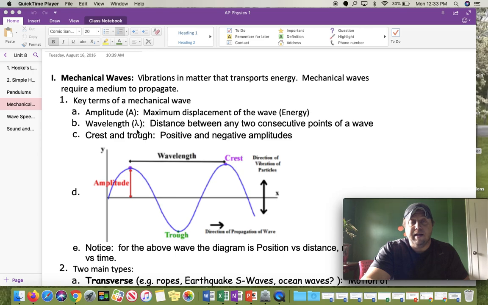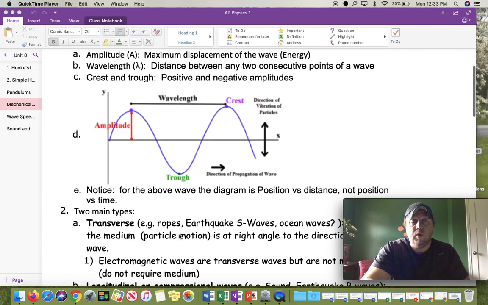I'll warn you ahead of time, I'm really bad at drawing those, so sometimes my lambdas don't quite look right, but we'll get through that. Okay, and then obviously we have our crest, which is the high point, and the trough, which is the low point. The distance from the midpoint to the crest and the midpoint to the trough should be the same on these waves. Okay, so just a couple of wave terms.